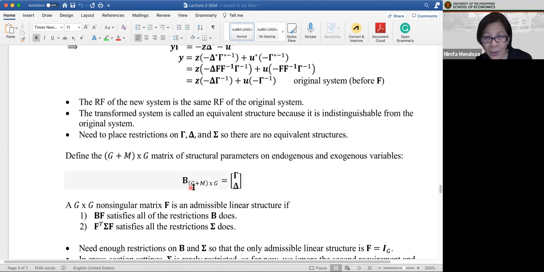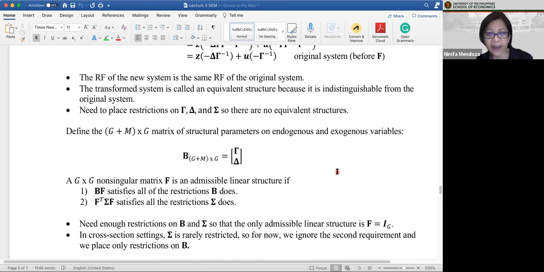That's why you have G plus M rows. And then you have G columns because you have G equations. Okay. So this B is a G plus M by G matrix of structural parameters on the endogenous and exogenous variables.